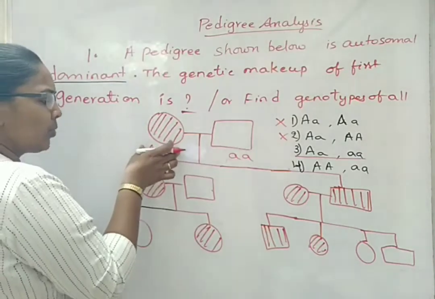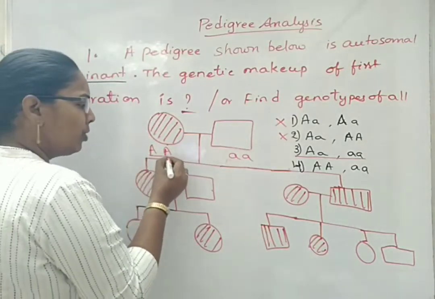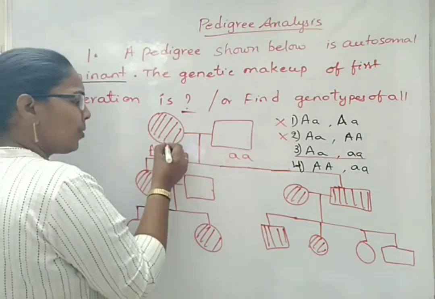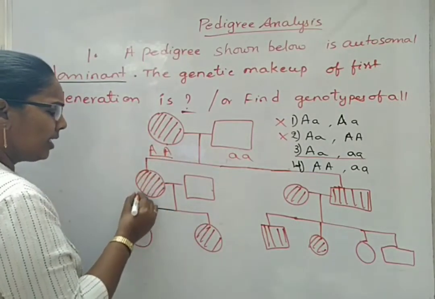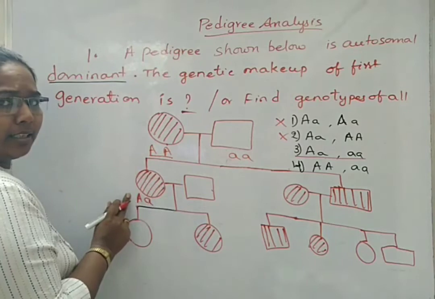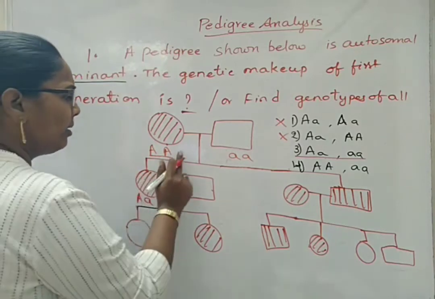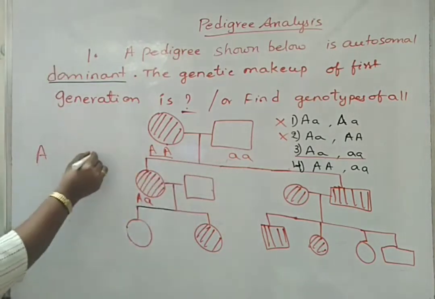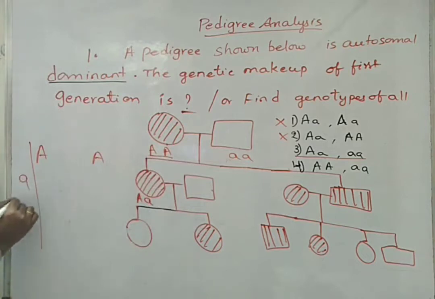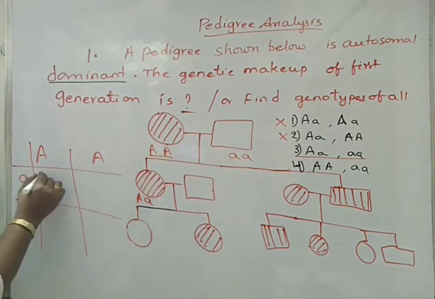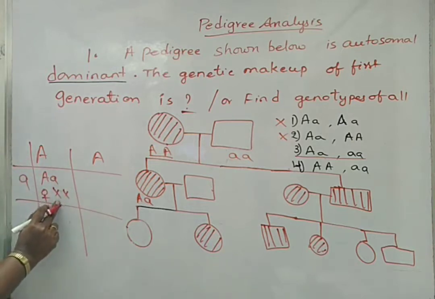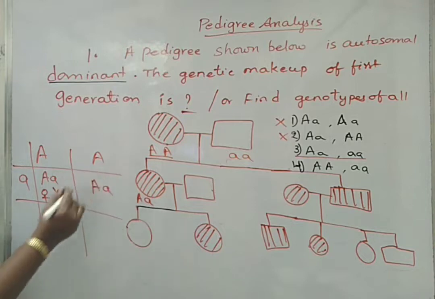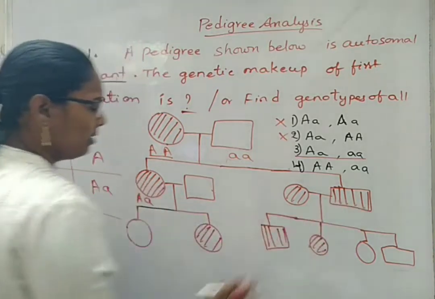Then what about this one? Here they have clearly given us that two dominant alleles are responsible to express the disease. If that is the condition, then this child also should get the same type of two dominant alleles, because when we cross both parents with the help of a Punnett square, the obtained offspring, that is the female, should have both dominant alleles on its XX chromosomes, and the male is expressed, okay, this will be correct.